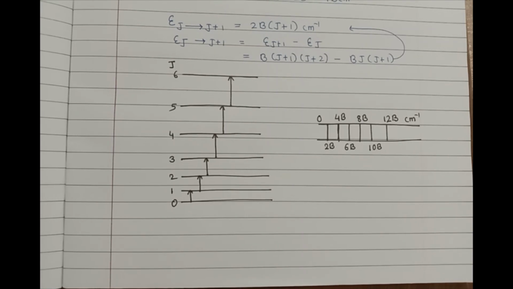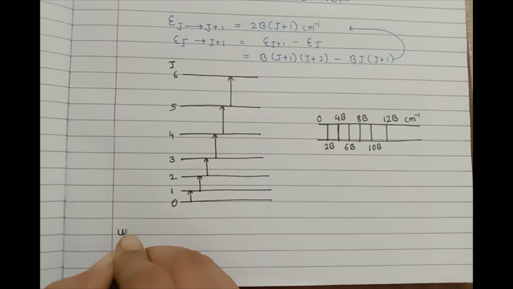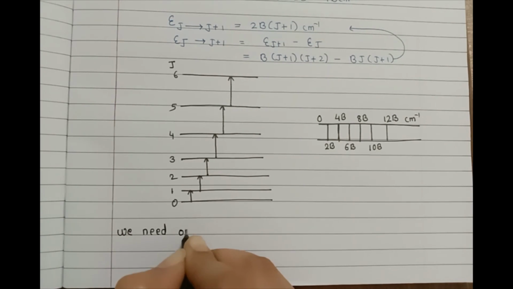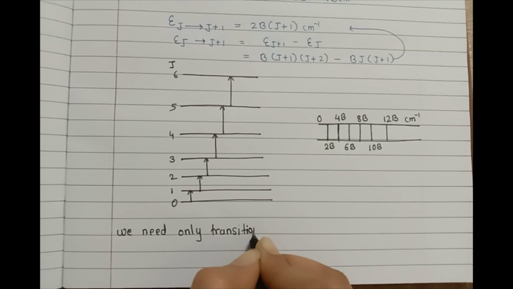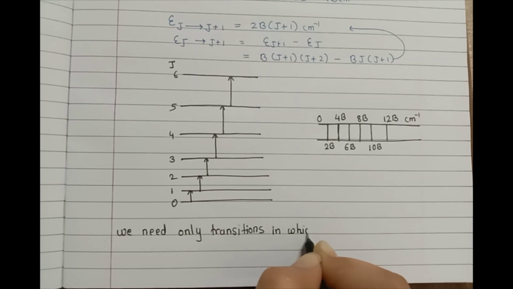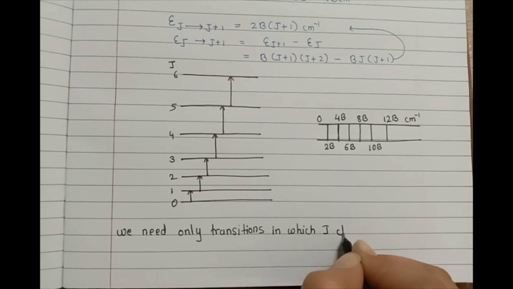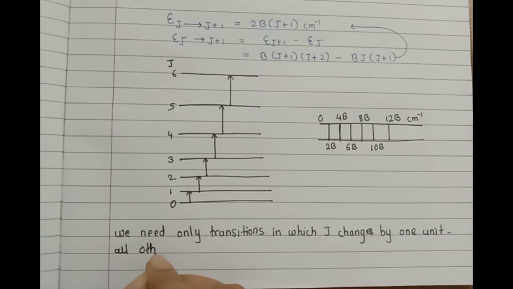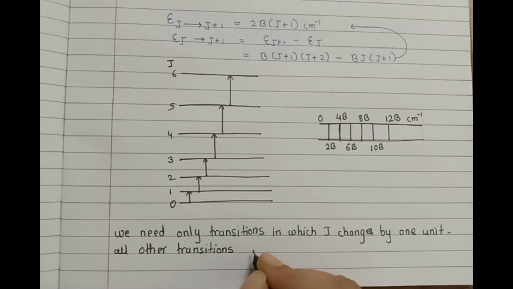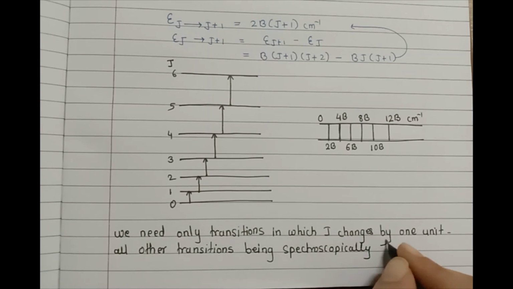This means that we need only transitions in which J changes by 1 unit, all other transitions being spectroscopically forbidden.